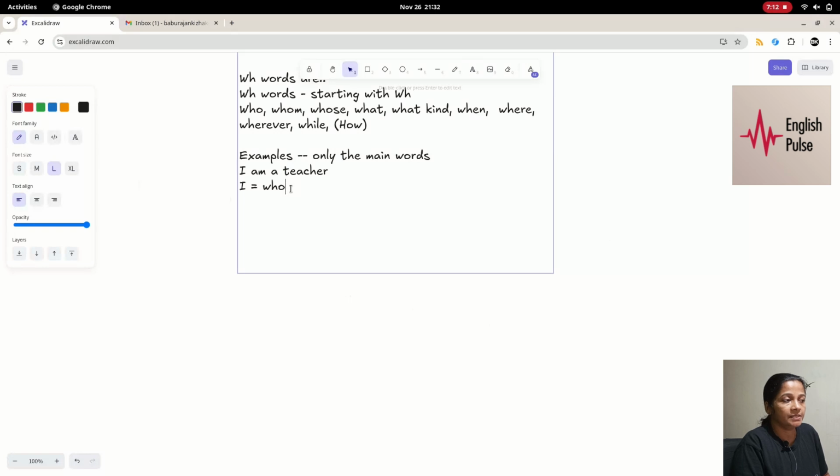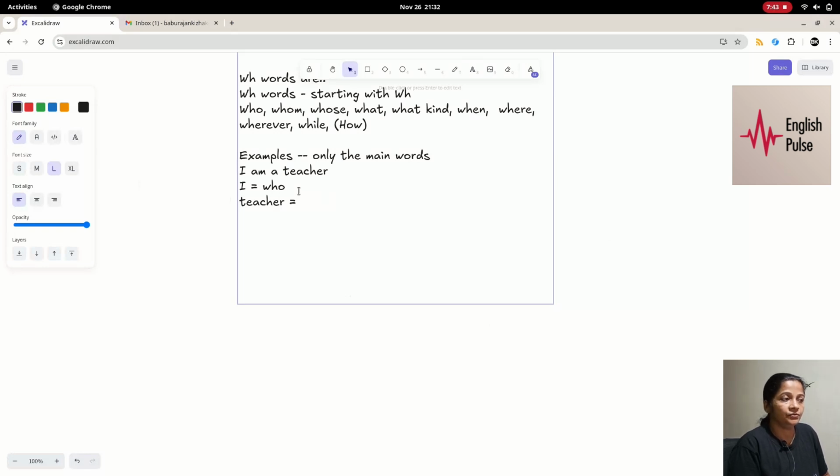At present you need to focus on this: identify the word and identify the corresponding WH word. So for I you got who, then teacher, that is the main word. For teacher you might say who, but actually the teacher is a profession. What are you doing? I am a teacher.